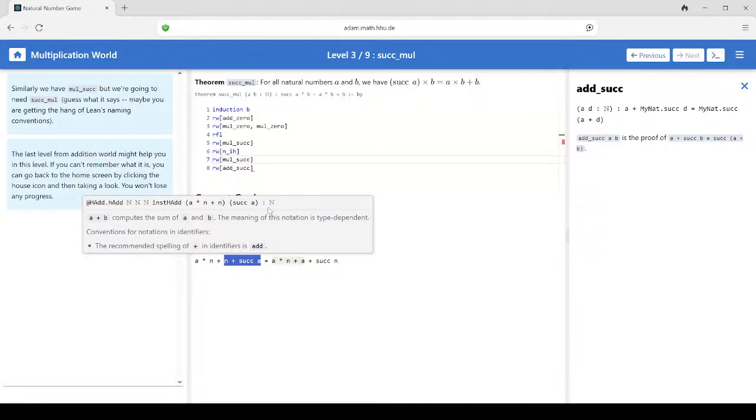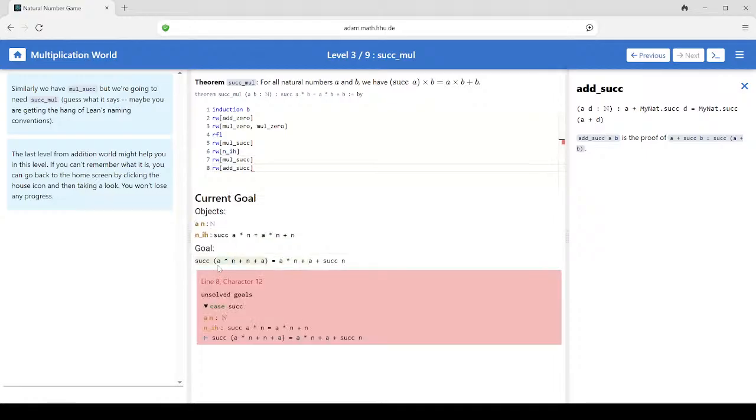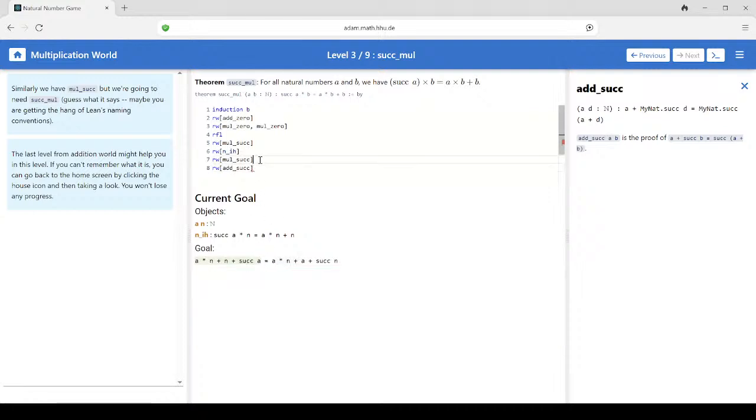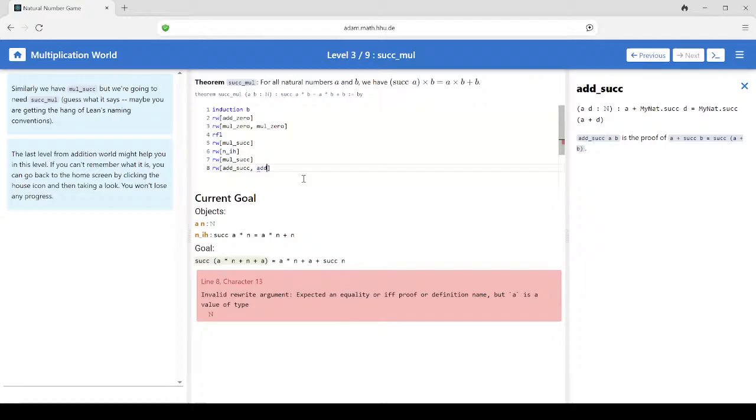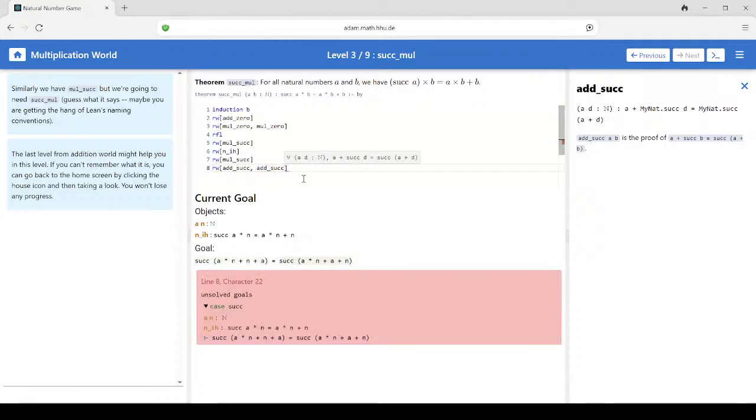Wait, n plus the successor of a becomes the successor of a times n plus a. If I do that again for the other one, oh, we're so close.